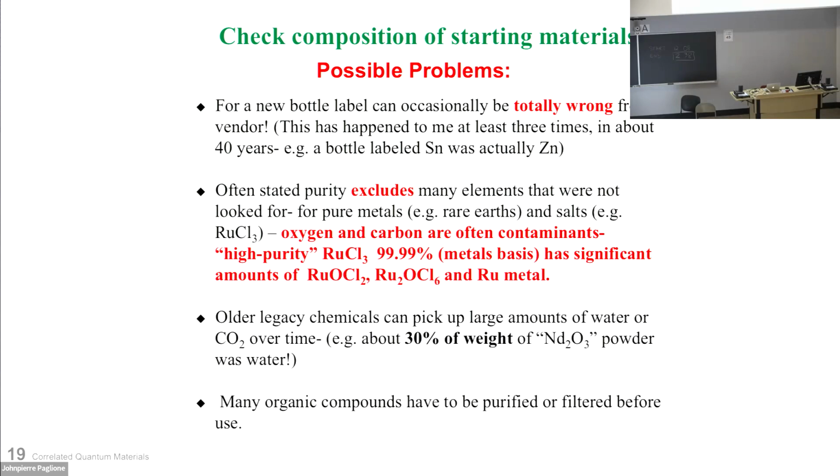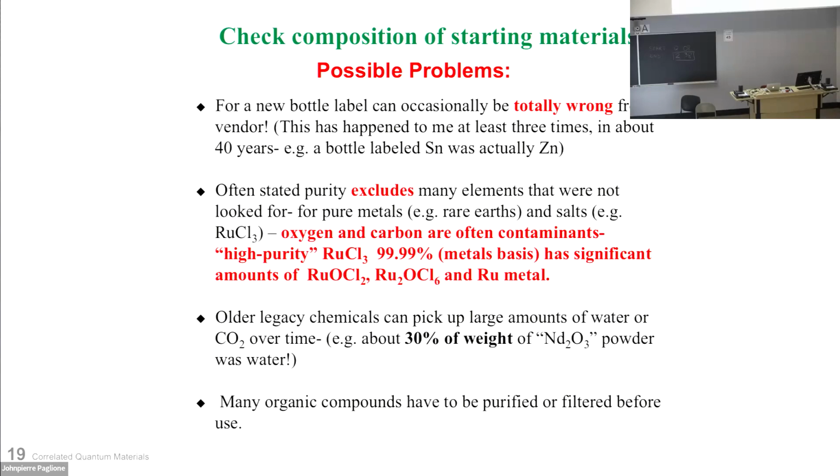So if you dry the material, in this case heating the neodymium oxide in a furnace above the boiling point of water, the light blue powder turned into a dark blue powder, which was then good to use. So if you have a very old chemical, it's good to also check to see what you've got.